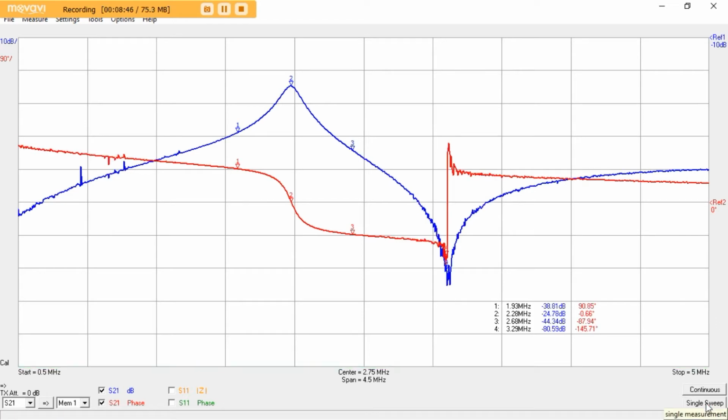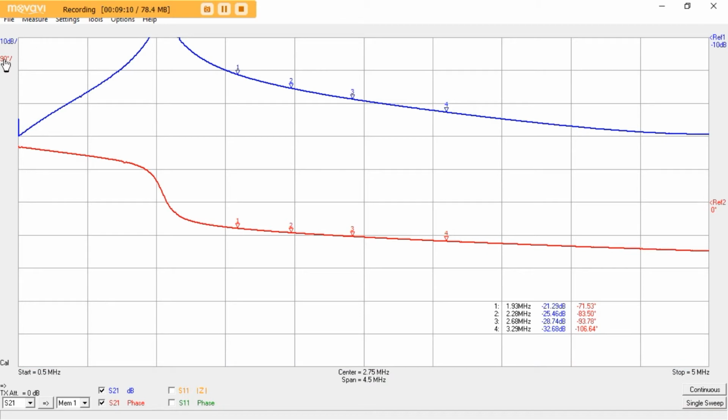Okay, so it's stable. First of all, I'm going to put the return wire onto the outer copper ring. Now we would expect that to load the secondary coil at the top, and we take a sweep of that.